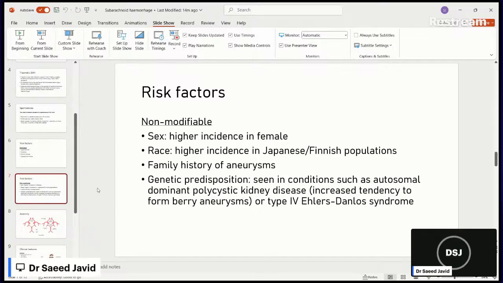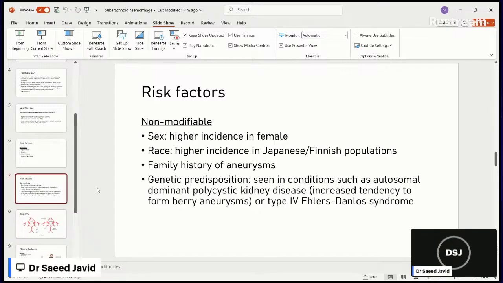There are other things as well, like connective tissue disorders: type 4 Ehlers-Danlos and Marfan's. These all predispose you to having aneurysms, and essentially predispose you to having a spontaneous subarachnoid hemorrhage.